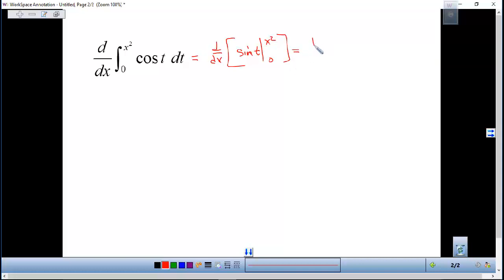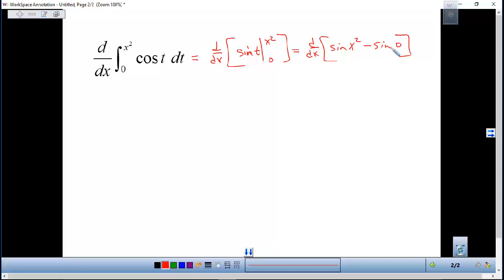And then when we evaluate that antiderivative, we're going to plug in x squared, so we're going to get sine of x squared minus sine of 0.